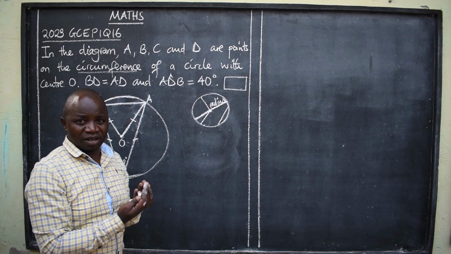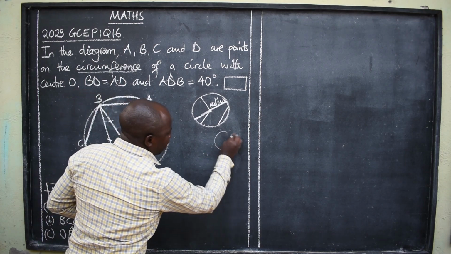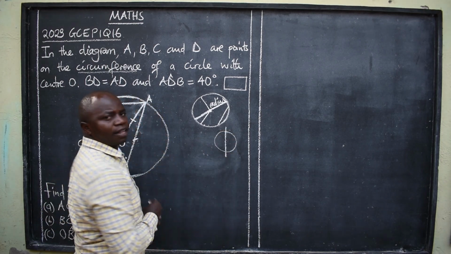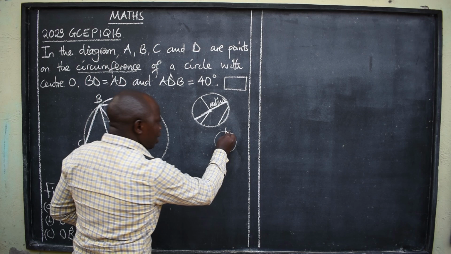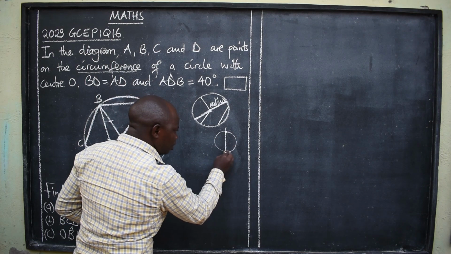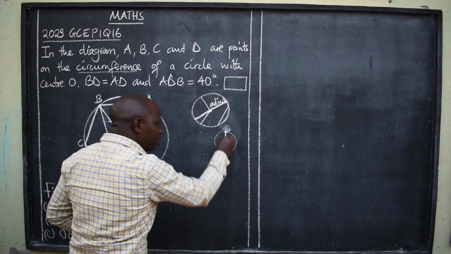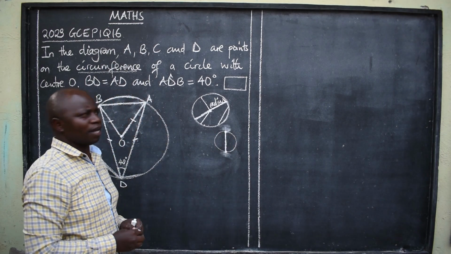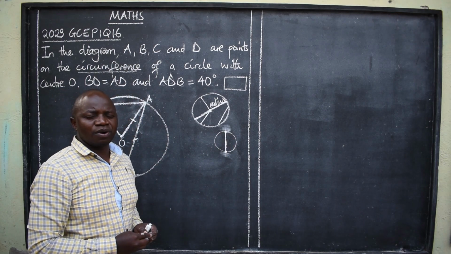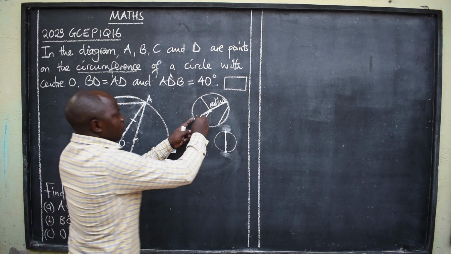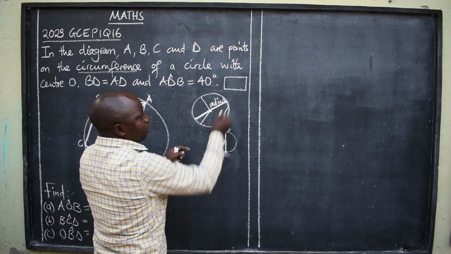That is now the semicircle, right? So this line from this point to this point, this line now that divides the circle into two equal parts is what is called the diameter.